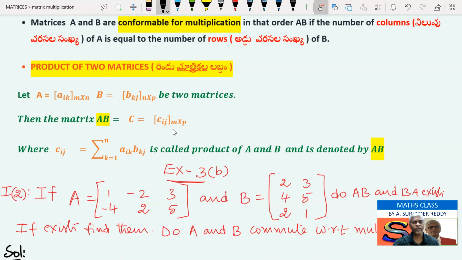In the product matrix, the number of rows will be m and the number of columns will be p.